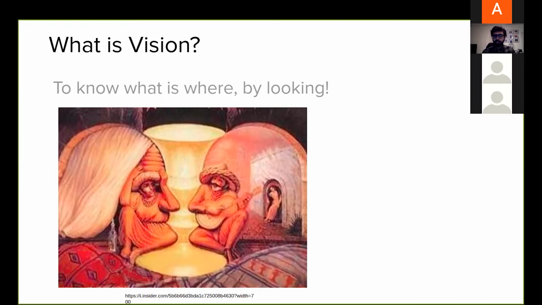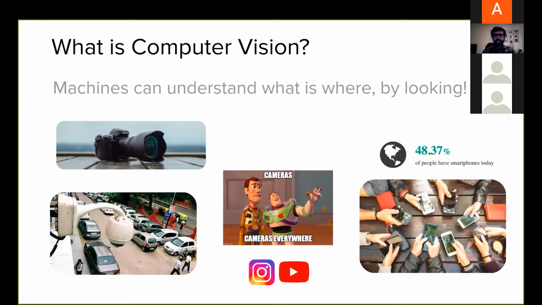So when you look at an image, humans are able to identify the objects and understand the meaning of what's going on in that scene. But computers unfortunately are not that good at it right now. And as we build smarter systems, as we build robots, we want them to understand the world in the way that we do, right? So that's what we want to teach computers.